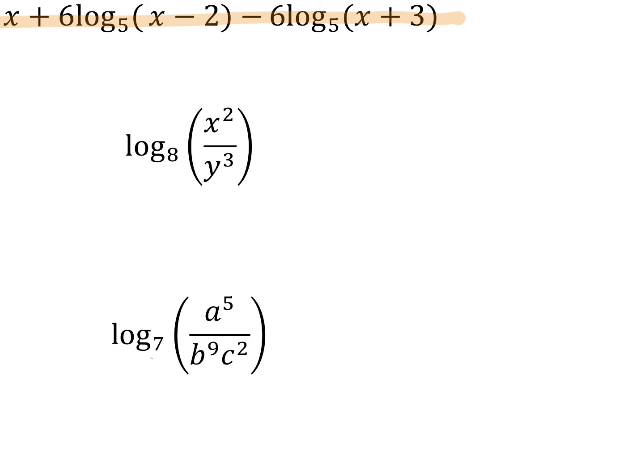the first thing I would do when I look at this one is I would say, hey, I want to get rid of that dividing sign. If I want to break it up into pieces, let's get rid of that divide. So I could rewrite this as log base 8 of x squared minus log base 8 of y to the third.